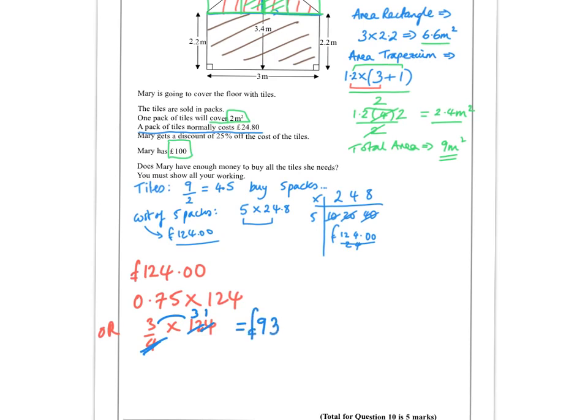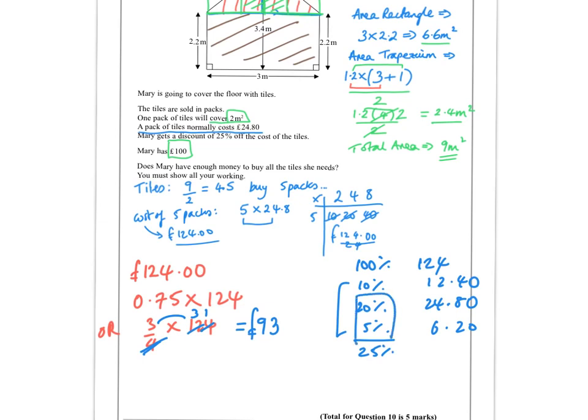If you wanted to find 25% of 124, you can say 100% is £124, 10% is £12.40, and so 20% would be £24.80, and 5%, if we halve this one, will be £6.20. So 25% would be these two added together, so this gives you the pound, and so you've got £31.